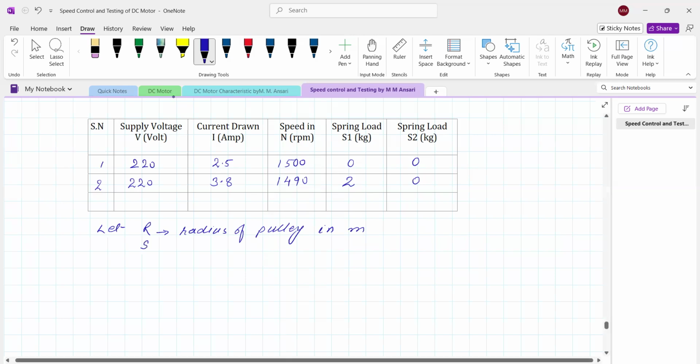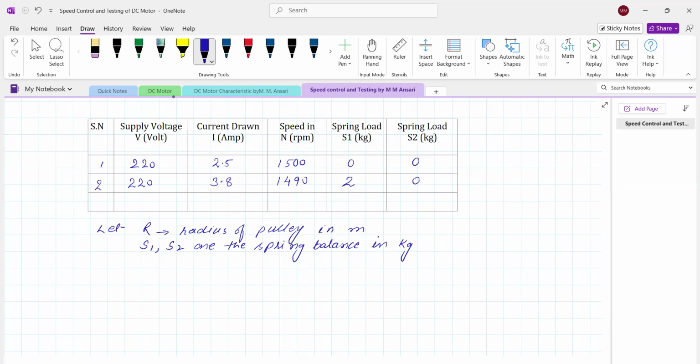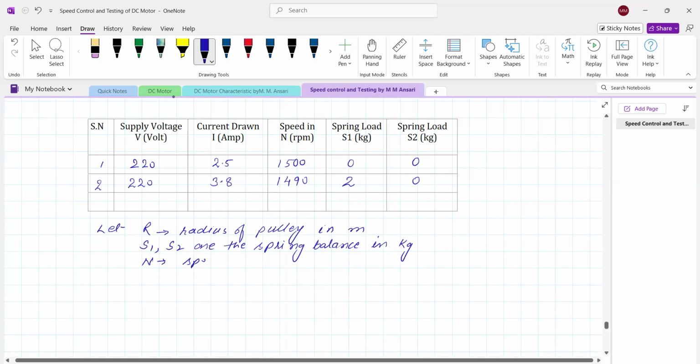Now S1 and S2 are the spring balance readings in kg, and N is the speed of the motor in rpm.